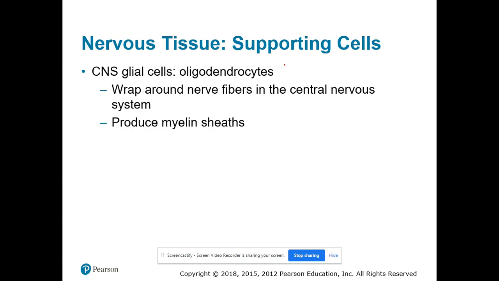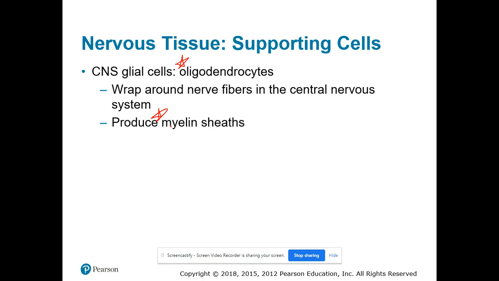And the last type of central nervous system supporting cell we're going to talk about is called oligodendrocytes. These are one of the most important ones we talk about, so I'm going to go ahead and star that. What these do is they wrap around nerve fibers within your central nervous system and give them a little bit more protection, and also help produce something called myelin sheaths.